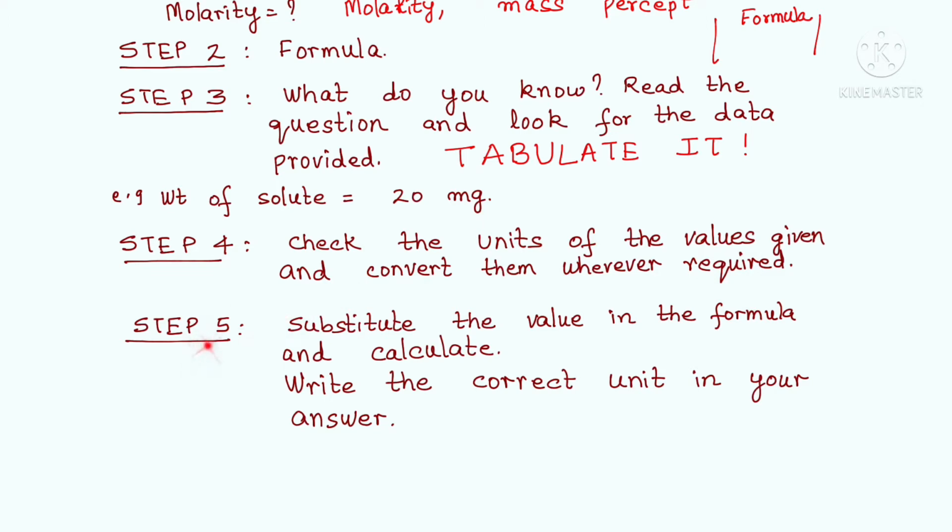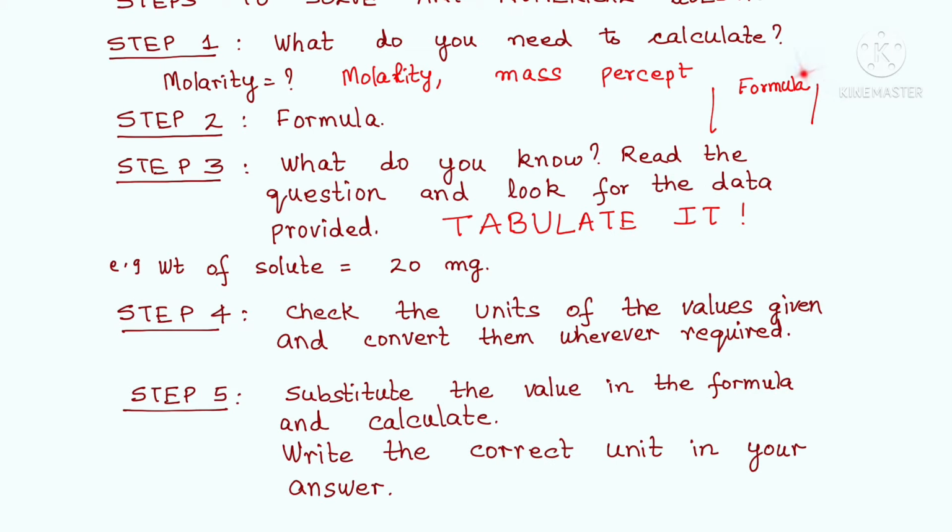Step 5 is simple. You had written the formulas at the second step itself. What you have to do is you just have to substitute in the formula, calculate and make sure that you put the correct unit for your answer. Don't forget that.